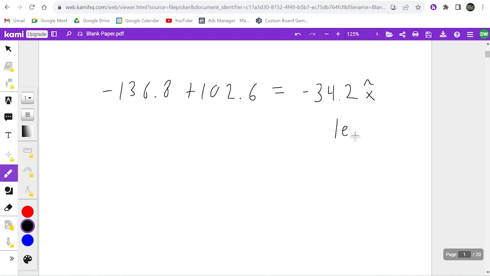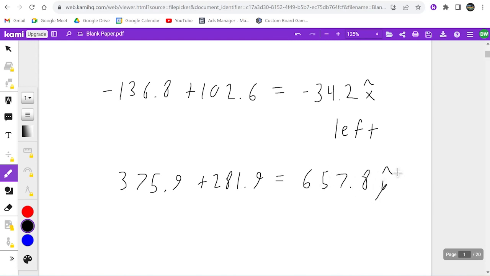In other words, left, because it's negative. And then for the y, that's going to be 375.9 plus 281.9. And that gives me 657.8. And again, that's y hat, which means up. Any questions so far?